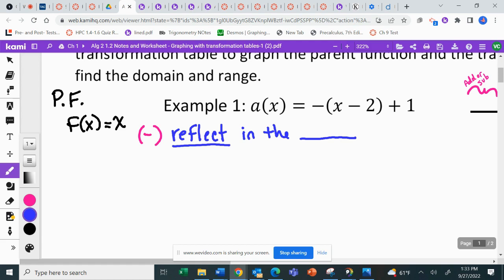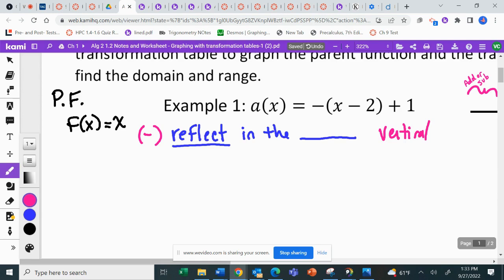Okay, reflect in the. So you have to know which way to reflect. Is this vertical or horizontal? So we look at the negative sign. Is that on the inside or the outside of the function? Outside. And anything outside is vertical. So I know this is going to be a vertical reflection.